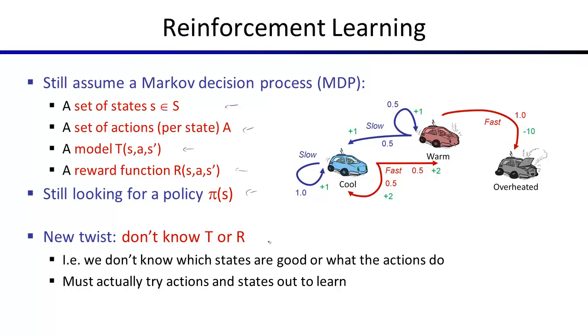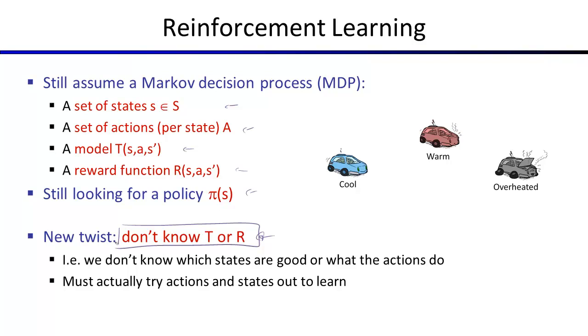But the new twist is that now we don't know T or R. We might find out a little bit about T and R by acting in the world and seeing what happens for certain states when taking certain actions and so forth. But initially, we don't know T and R, and that's the big difference.